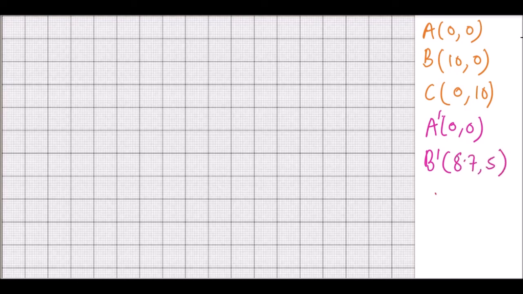Then we have our C prime at minus 5 and 8.7. So it is advisable that you use a graph that has 10 small squares because of this decimal.